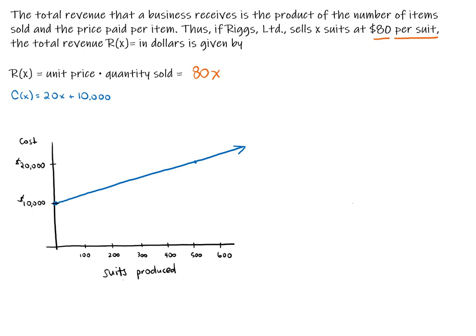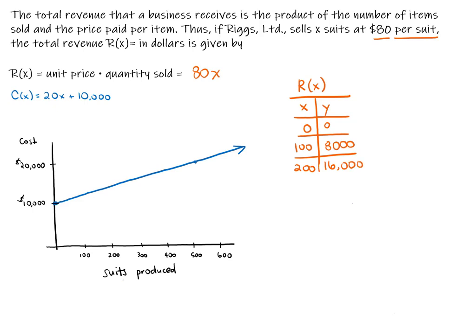Our C of X function was already discovered on our previous question, and we are asked to graph them on the same set of axes. We'll fill in our T-chart to help us out. If I sell 0 suits, I'll make $0. If I sell 100 suits, I'll make $8,000. And if I sell 200 suits, I would make $16,000.